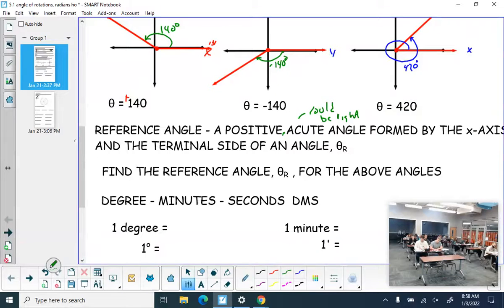Definition is positive acute angle, but you can have a reference angle that's 90 degrees. It's formed by the terminal side and the x-axis. And the symbol I will use is theta subscript r.